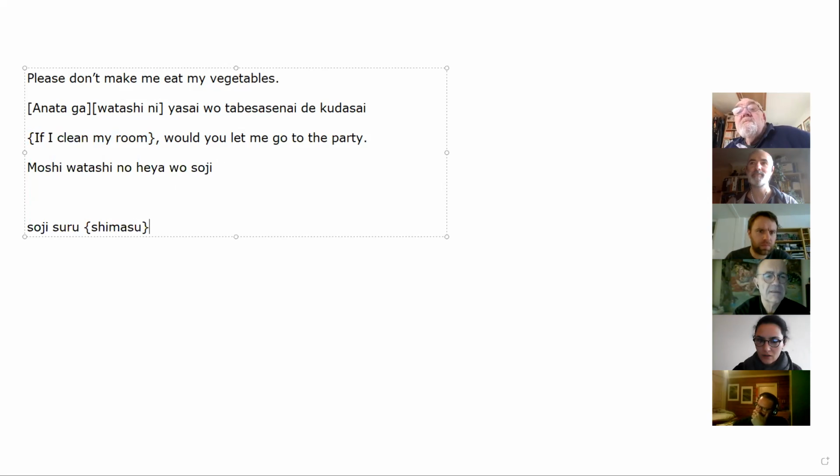Shimanakereba narimasen. Hang on a second. You're thinking of the obligative, that I must clean my room. But at the moment we're making a conditional clause. You started with moshi, which is of course if, and this sub-clause has to finish with something: tara.